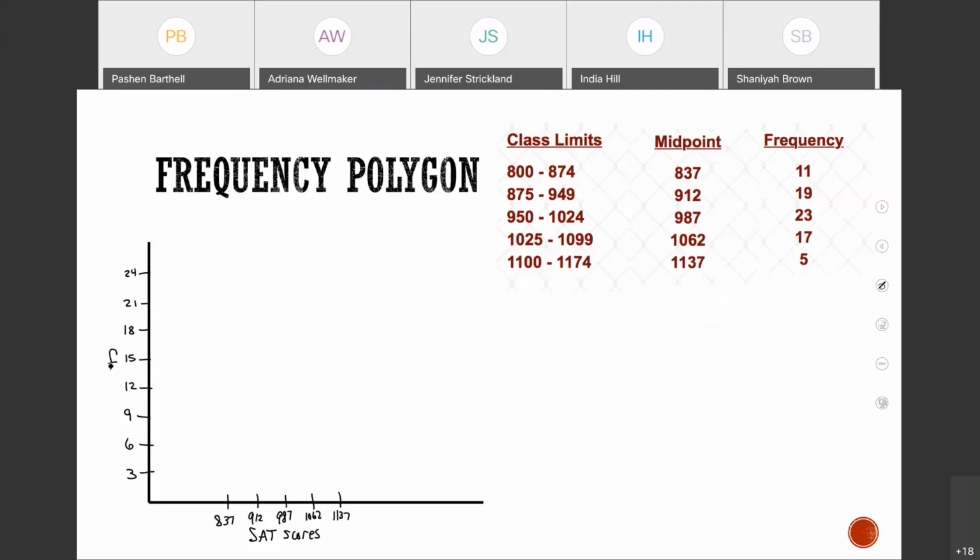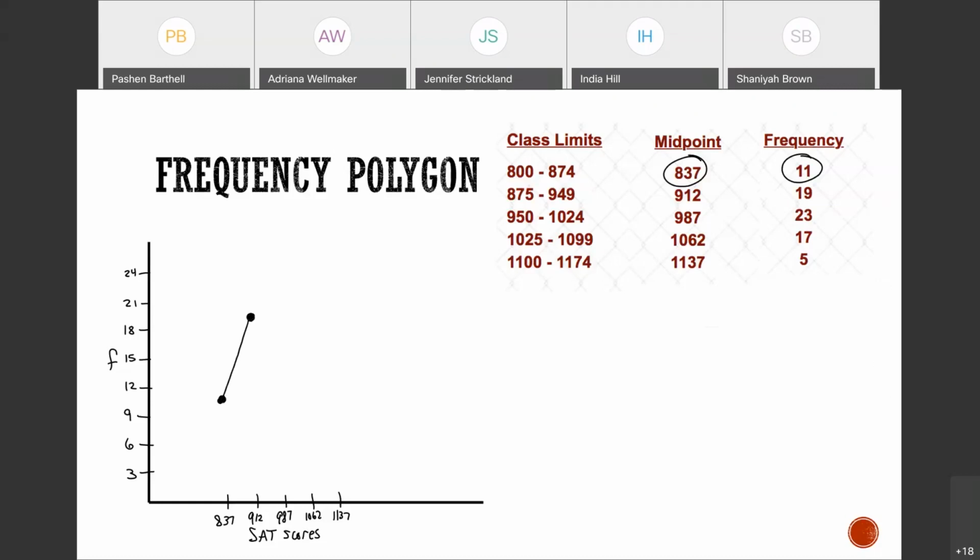This is a line graph, so we're going to plot points. Above the 837, we're going to go up to 11, and I'm going to put a dot. Then above the 912, I'm going to put a dot at 19. Those two are going to get connected with a straight line.